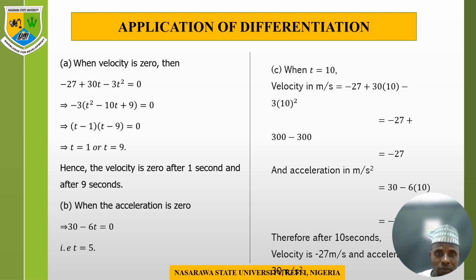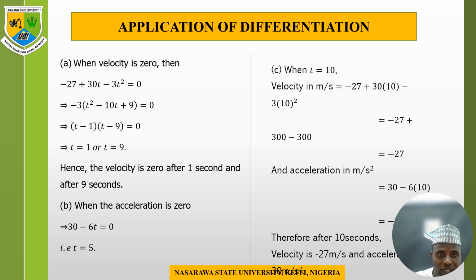So we start with the first one. When the velocity is 0, you differentiate that function first, which gives us this. Then you equate that to 0 and solve for t.